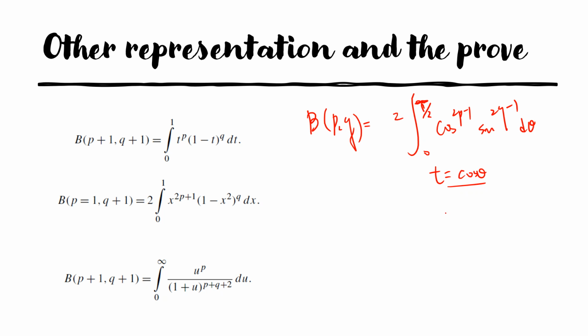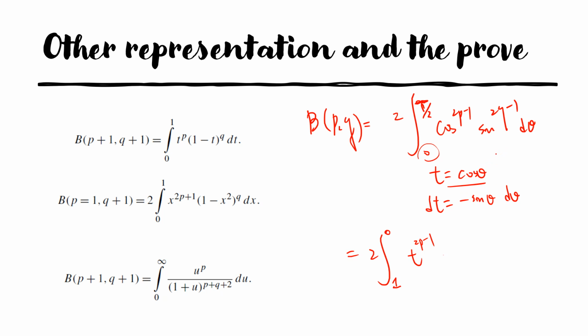If t equals cosine theta, then dt is minus sine theta d theta. When theta equals 0, cosine is 1, and at pi over 2 it is 0.